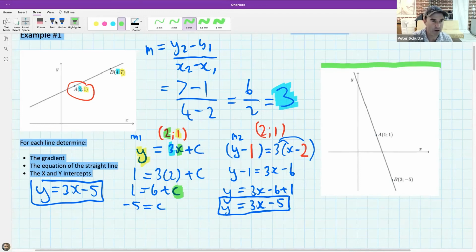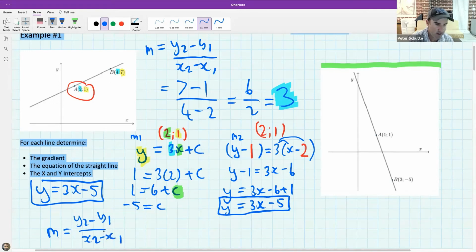It comes from the gradient formula. So if you think of the gradient formula, it looks like this. Now, what would happen if you moved the bottom part to the other side? Well, you just get m times x2 minus x1.